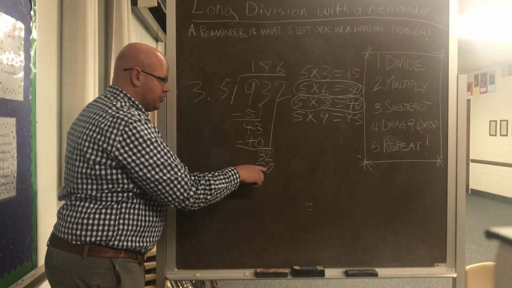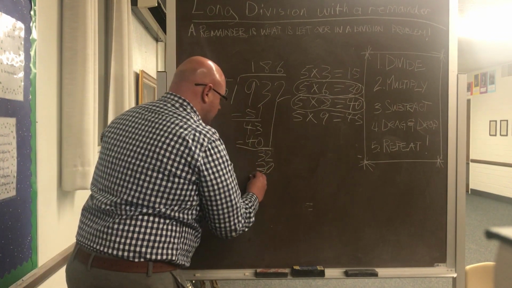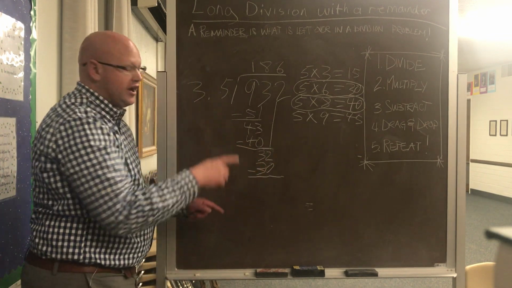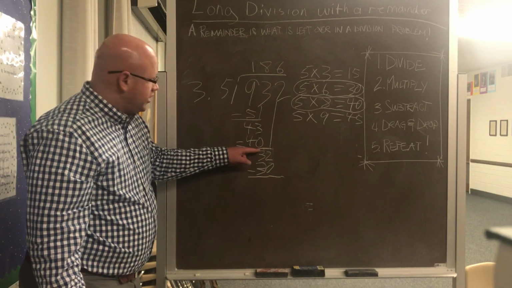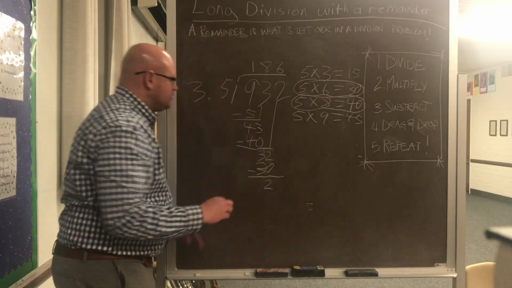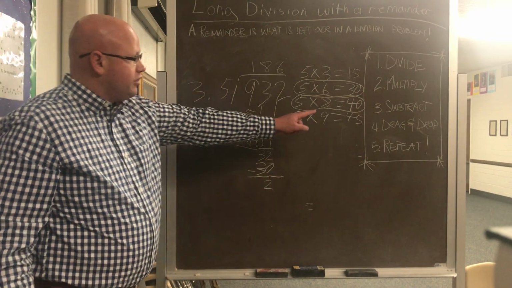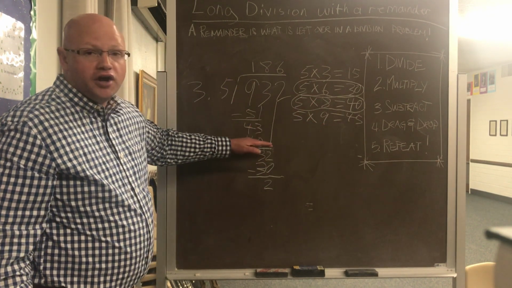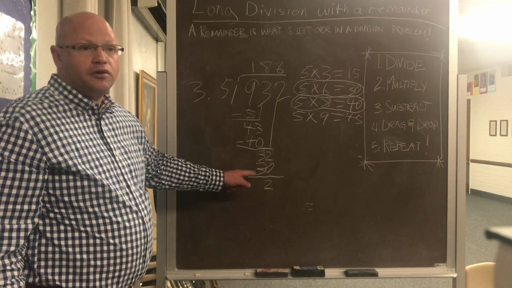And then we put the 30, the answer, below 32. And then we're going to go on to the third step, which is subtract. 32 subtract 30 is 2. And so it looks like we're unable to go on to the fourth step because there are no more numbers to drop. So it looks like 2 is our remainder.